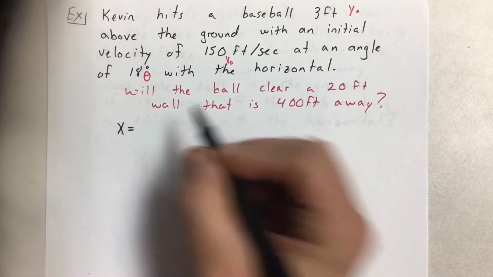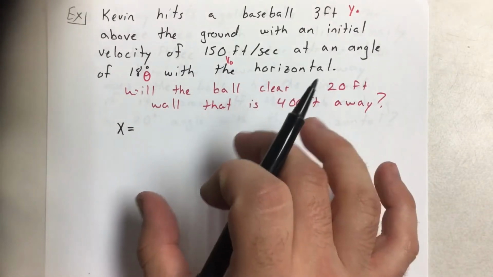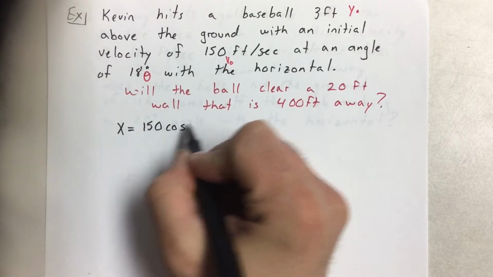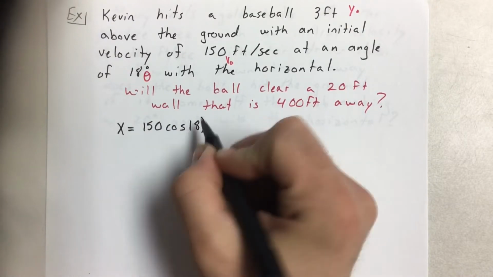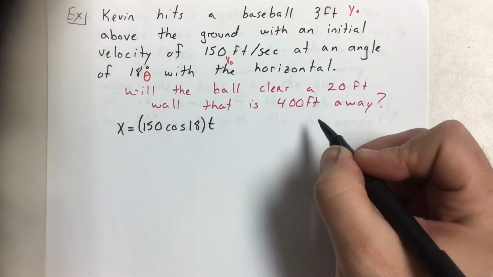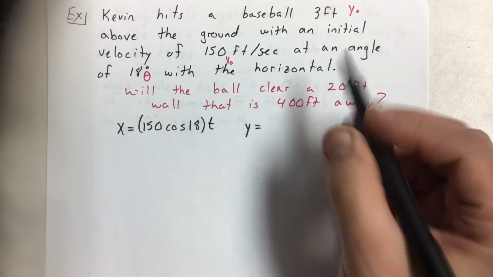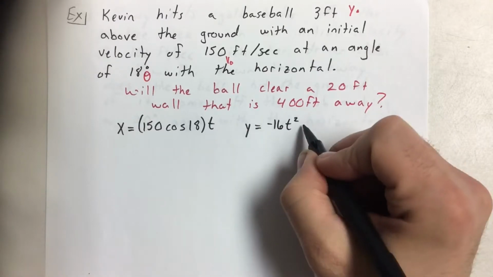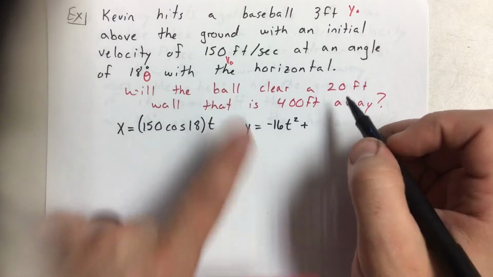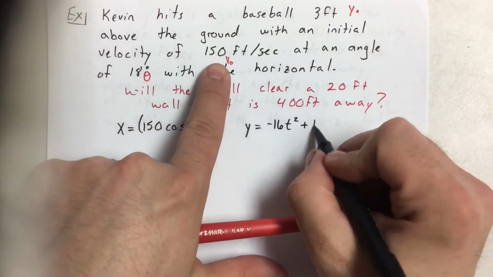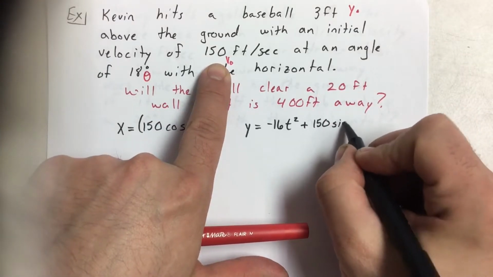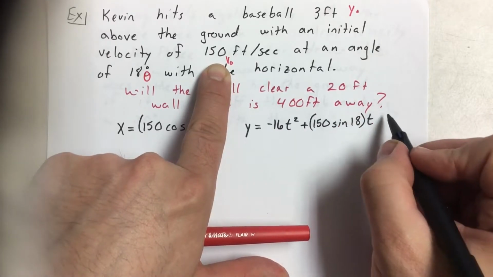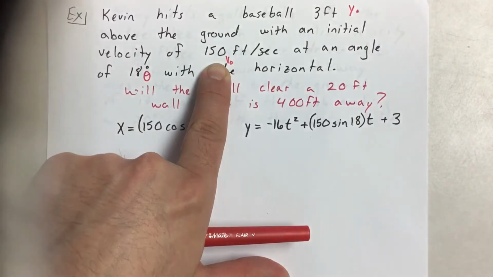So we have x equals initial velocity times cosine, so 150 times cosine of theta multiplied by time. Our vertical equation, since we're dealing with feet, is negative 16 t squared plus initial vertical velocity, 150 sine of theta times t, and then plus our initial height, plus 3.